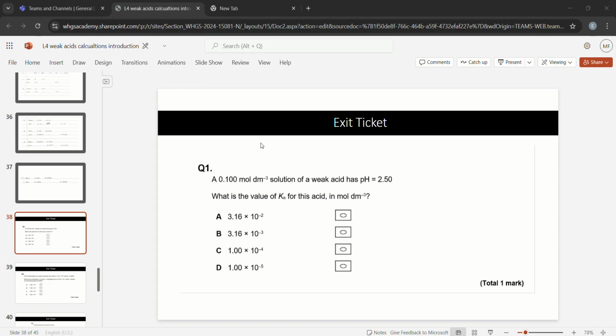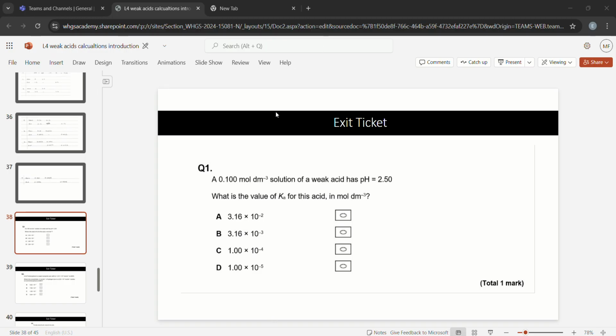The value of Ka for propanoic acid is 1.35 times 10 to the power minus 5, and that is the correct answer. So just by using this equation, Ka is 10 to the power minus pKa, we got the correct answer.